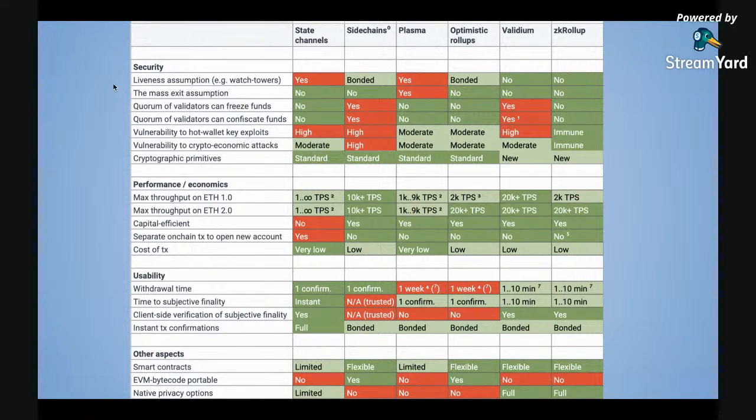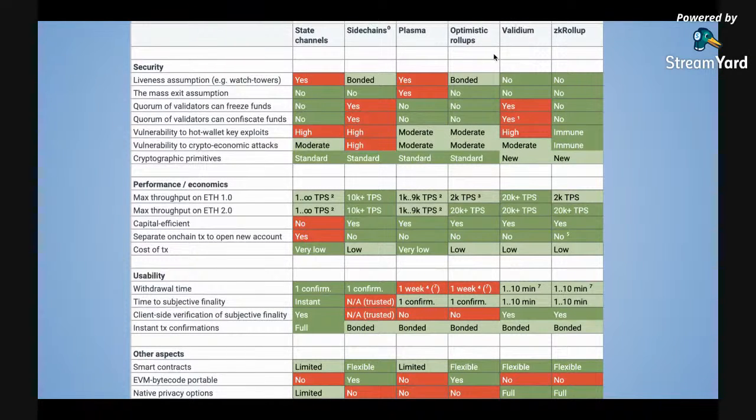A quorum of validators can freeze funds. So if you have collusion of validators, can they cheat the network and steal funds? With sidechains, it depends on how the sidechain manages these validators. If you have a sidechain that has maybe 10 nodes and those 10 node owners collude, they can steal funds.